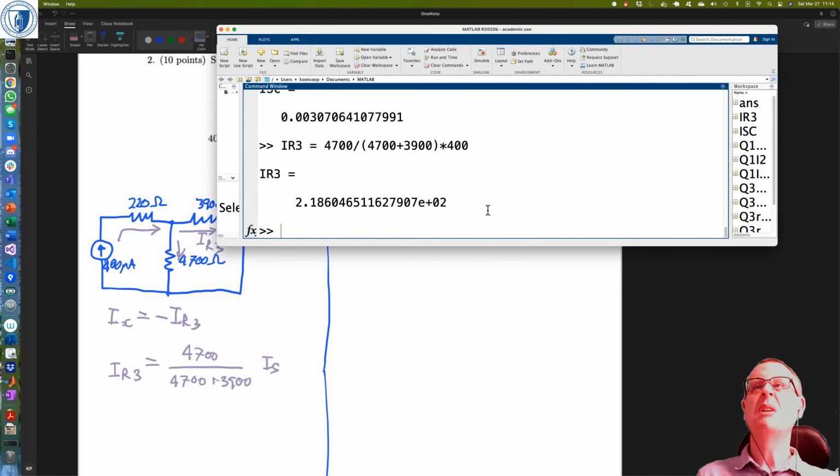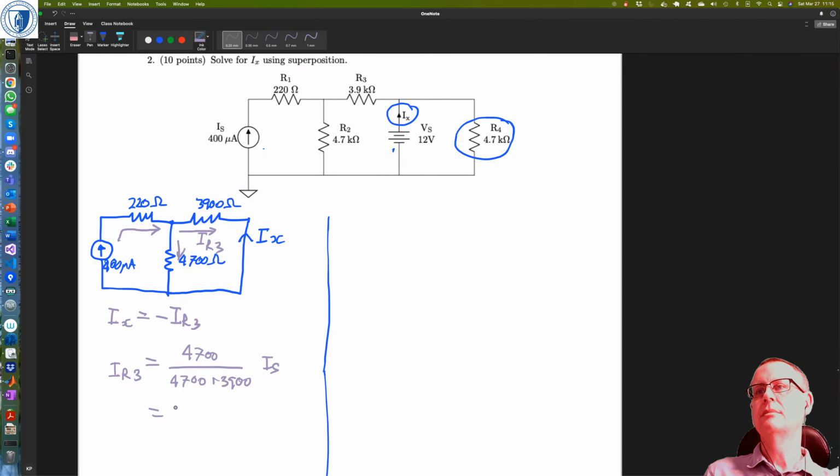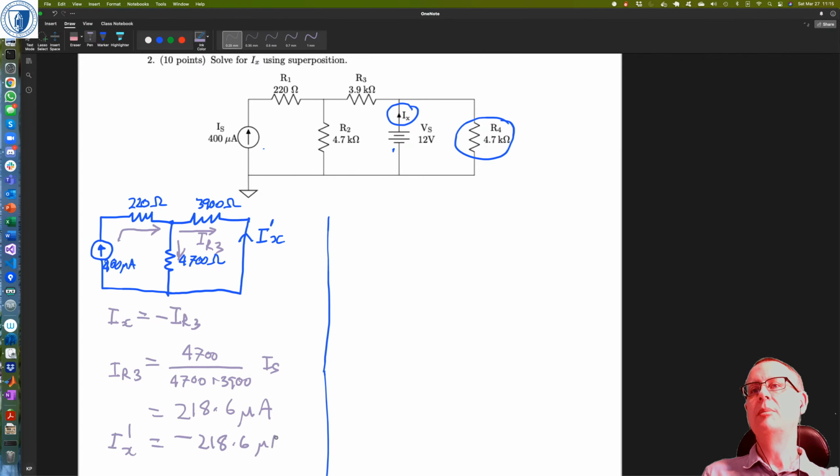So that's 218.6 microamps. Okay, that's IR3, but remember, I should have said IX1. So IX1 is minus 218.6 microamps.